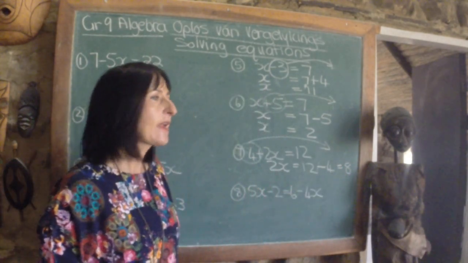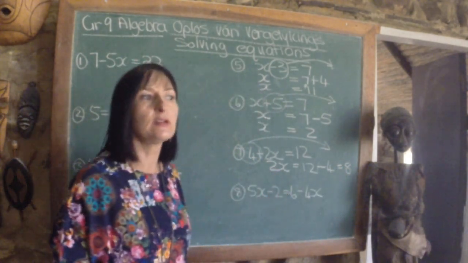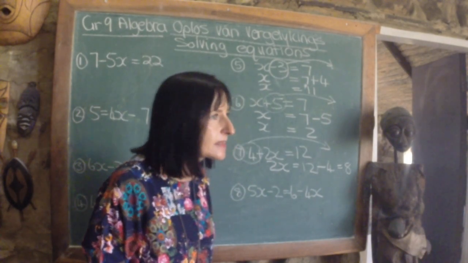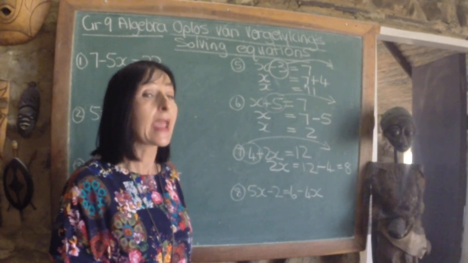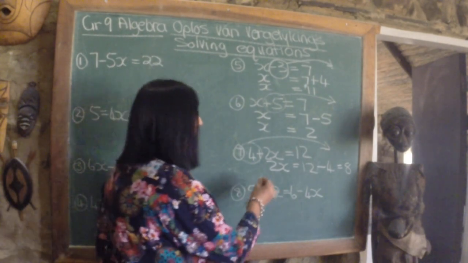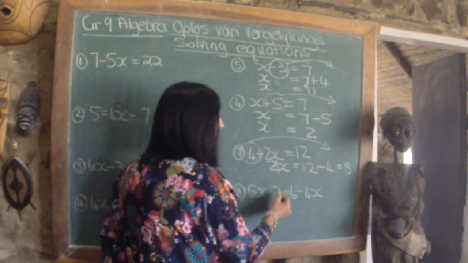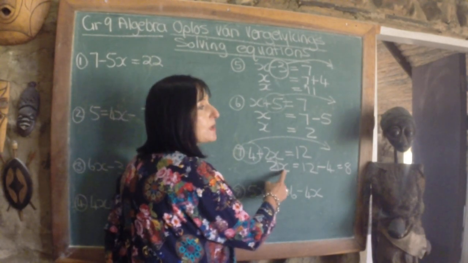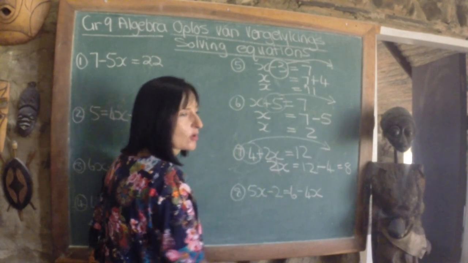But still, ek wil nie vir 2x hê nie, ek wil net vir x hê. I don't need 2x, I want x. So now, between these two, there's a multiplication. Tussen daai twee is daar 'n vermenigvuldig. 2 maal x staan daar eintlik.